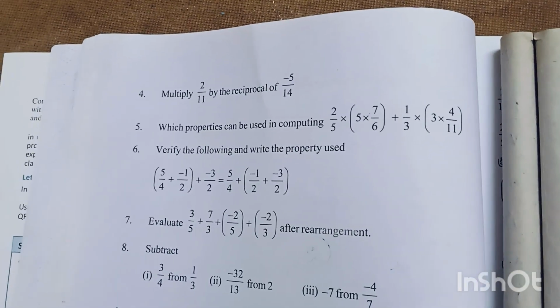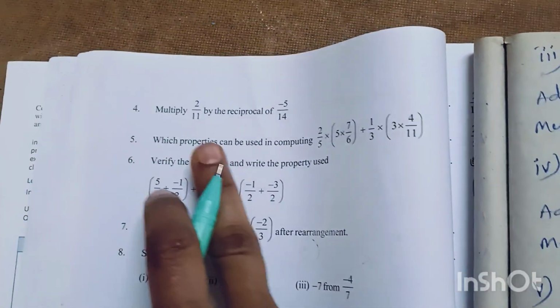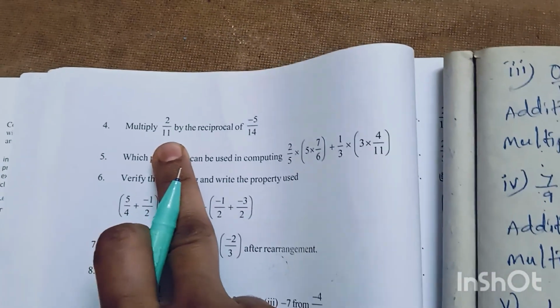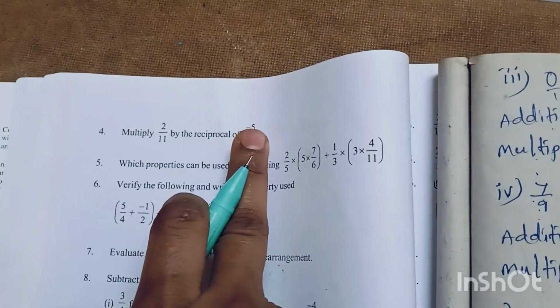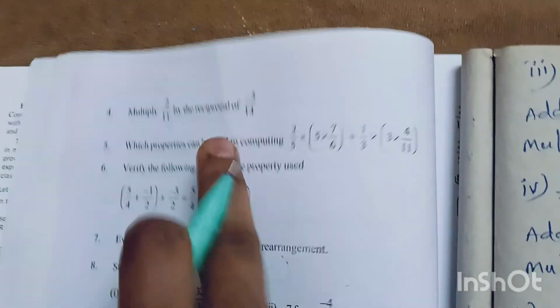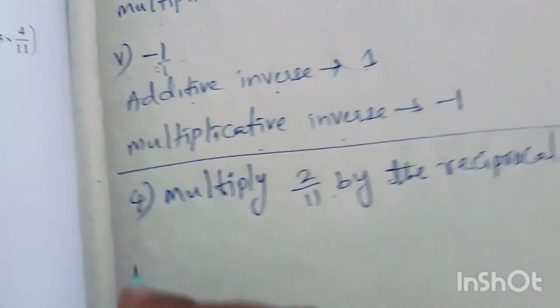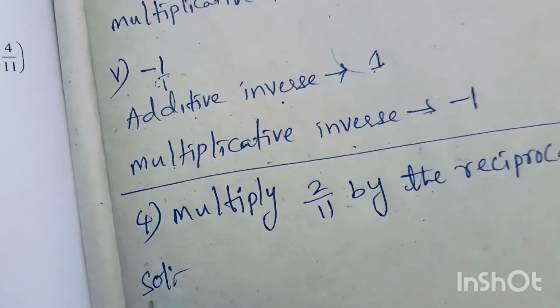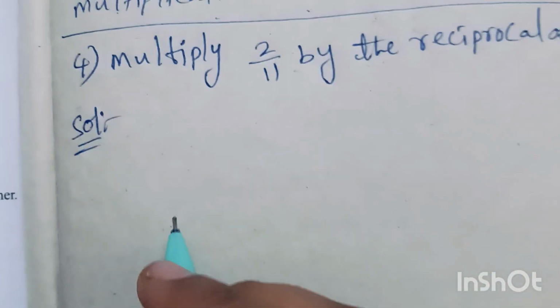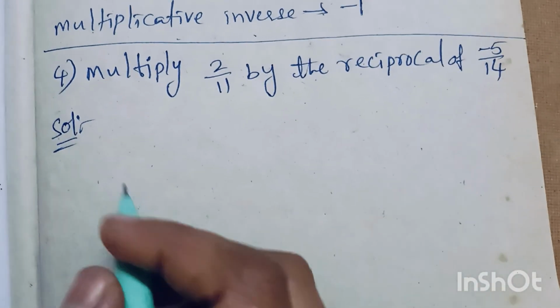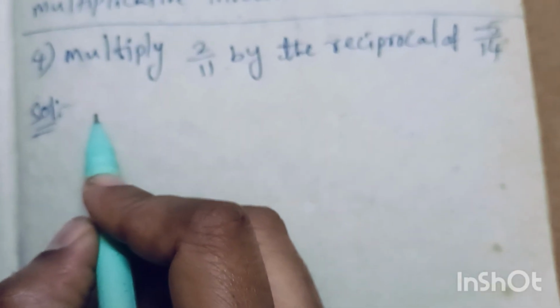Next, let's solve the fourth sum, that is, multiply 2 by 11 by the reciprocal of minus 5 by 14. Now the solution. Multiply 2 by 11 by the reciprocal of minus 5 by 14.